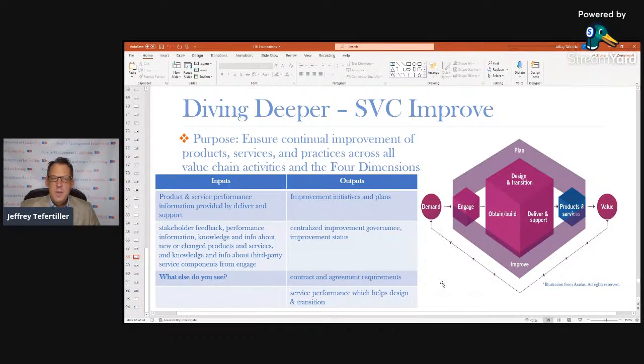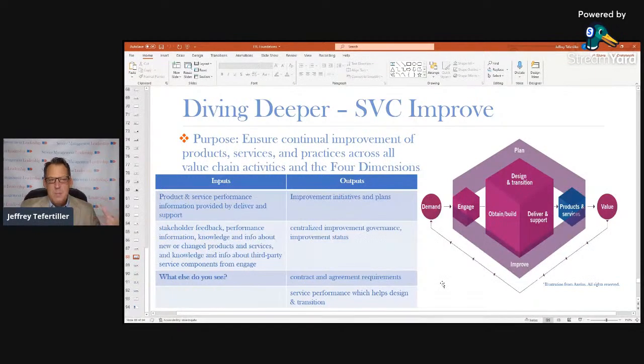Now let's look at improve down at the bottom. Ensure continual improvement of products, services, and practices across the value chain activities of the 4 dimensions. So what does that mean, Jeffrey? It means that we care about having a mindset of improvement where it doesn't stop. We're always getting better across everything we do, products, services, practices, and across those 4 dimensions.